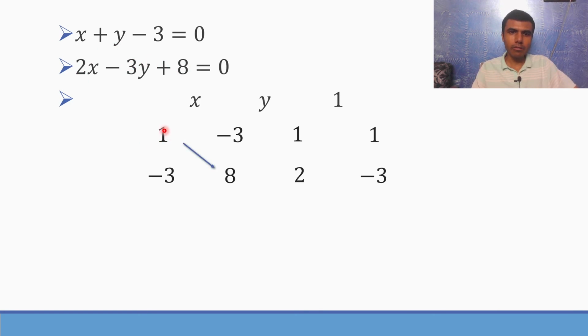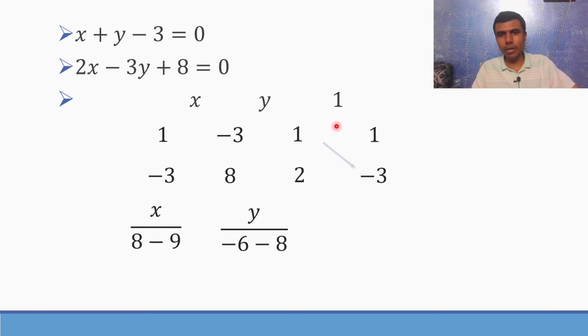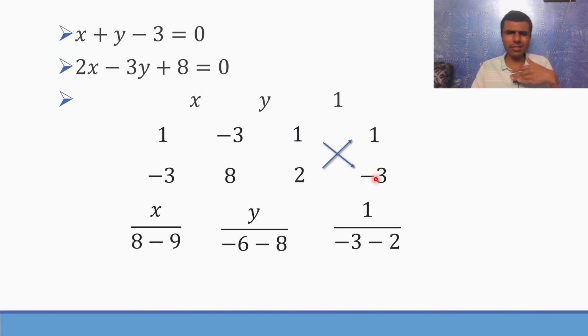Now x by 1 into 8 is 8, minus 3 into minus 3 is 9, so 8 minus 9. Then y by minus 3 into 2 is minus 6, minus 8 into 1 is minus 8, so minus 6 minus 8. Then 1 by minus 3 minus 2, and 1 into minus 3 is minus 3, right? So that's why I would get this.